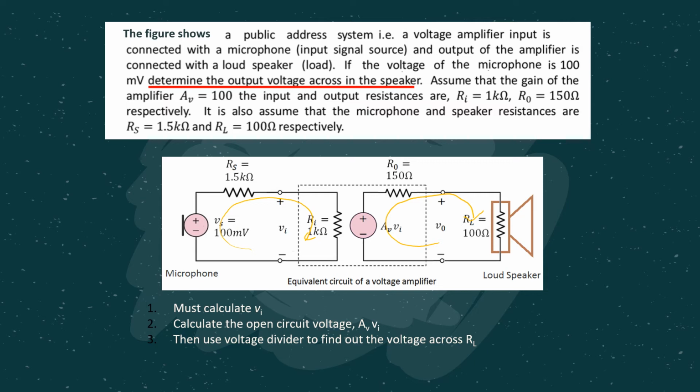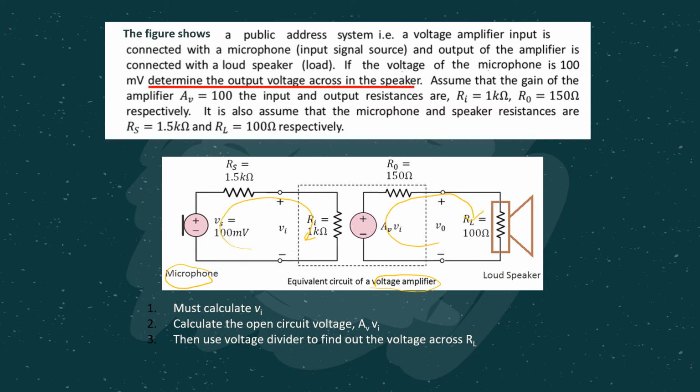As you can see, the big picture is that this voltage amplifier is connected to a microphone. The signal coming from the microphone goes through the source resistance, then enters the amplifier model. Remember the black box?